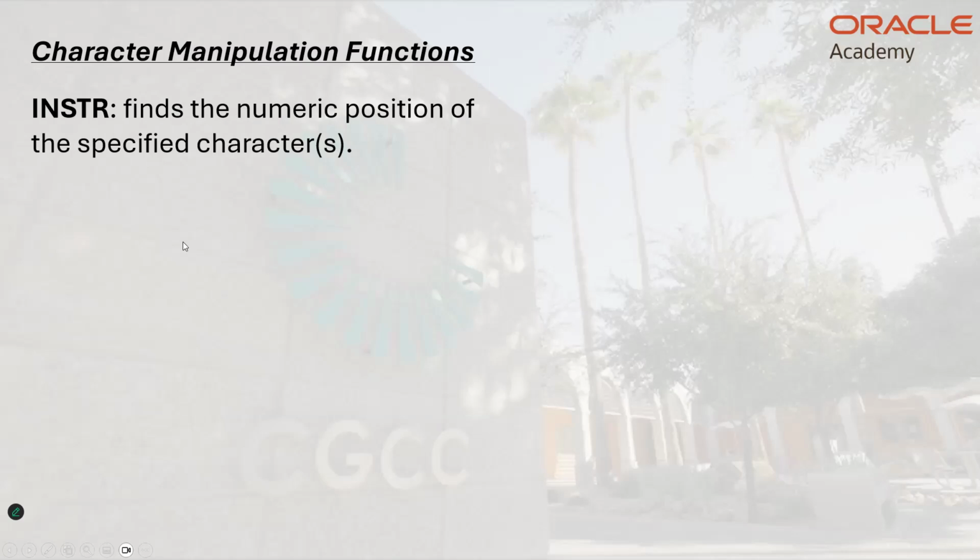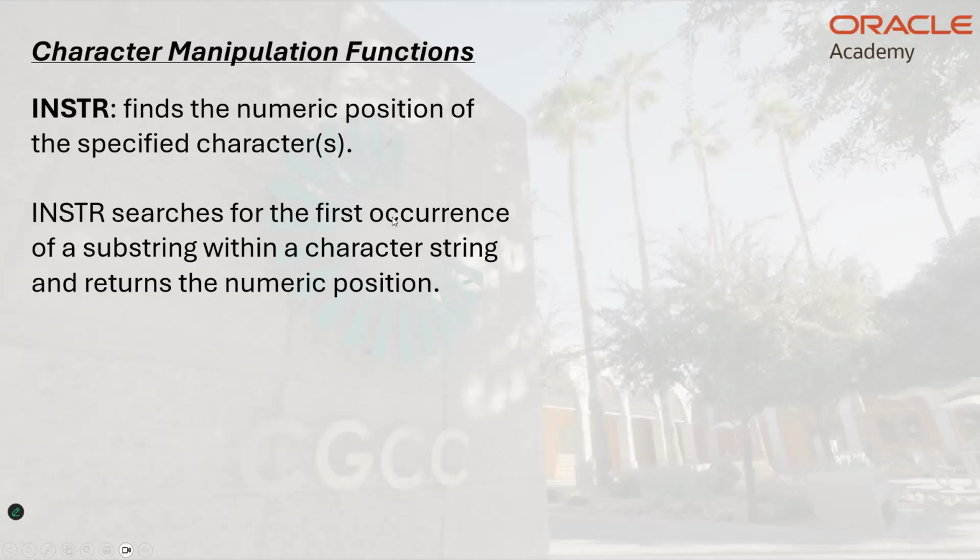Okay. All right, another character manipulation function is instr, which loosely stands for in string, and it finds the numeric position of a specific character, or characters, within the string. You say characters because you can provide a substring and it will say where that substring is, and you can think that could have many usages as well.